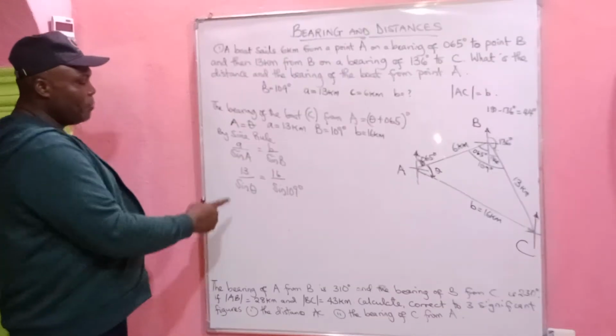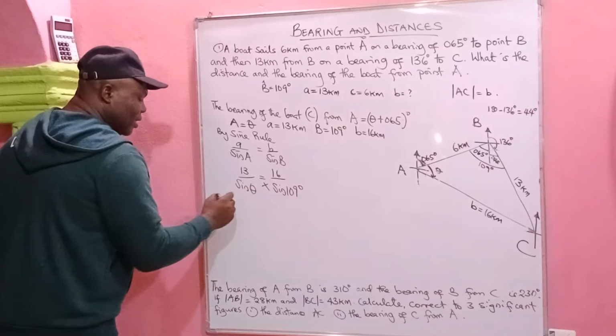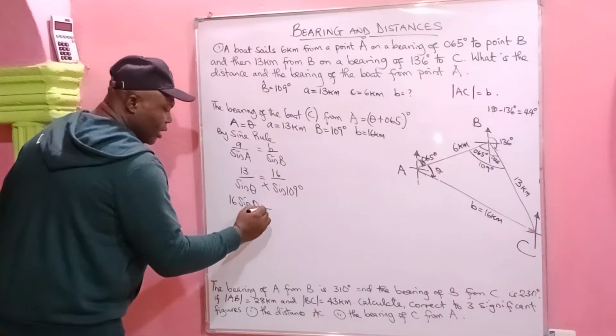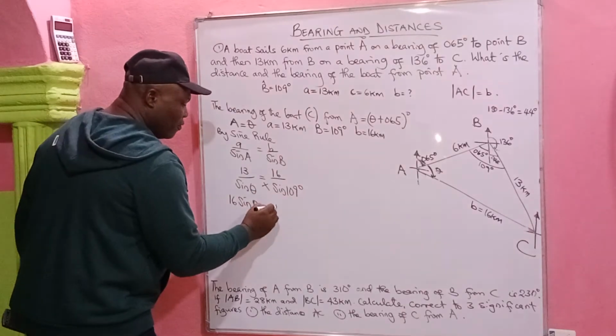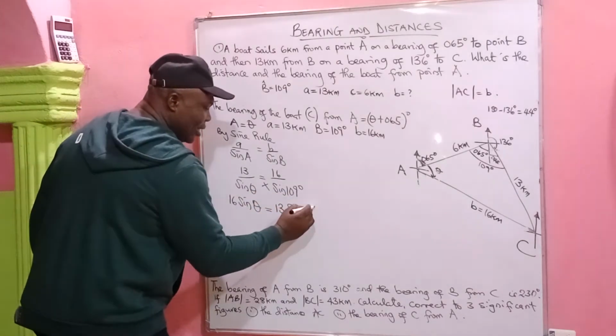So we can simply find what sine theta will be. We cross multiply: 16 times sine theta is equal to 13 times sine of 109 degrees.